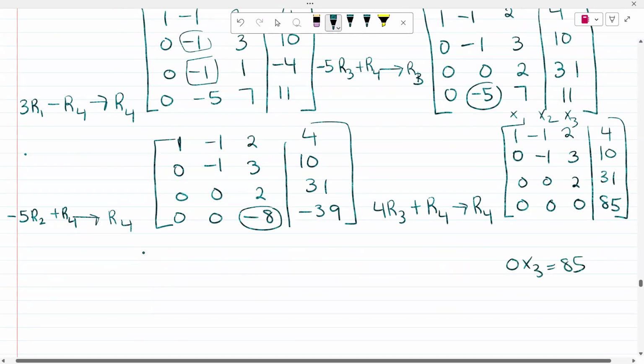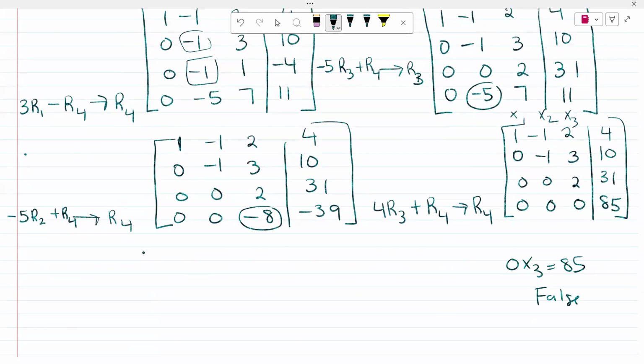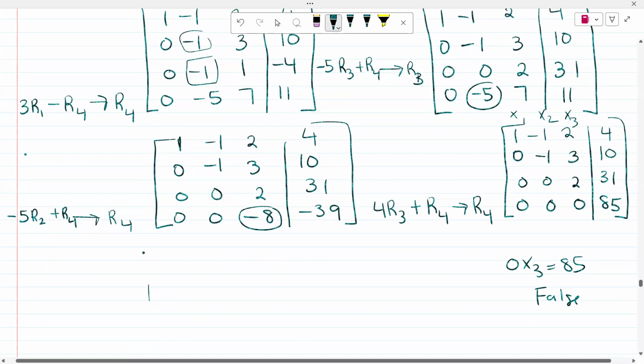That would be false. You want this whole entire row to be 0. There's no way I can make this 85 a 0 by using another row operation. So what that means is it's no solution and inconsistent.